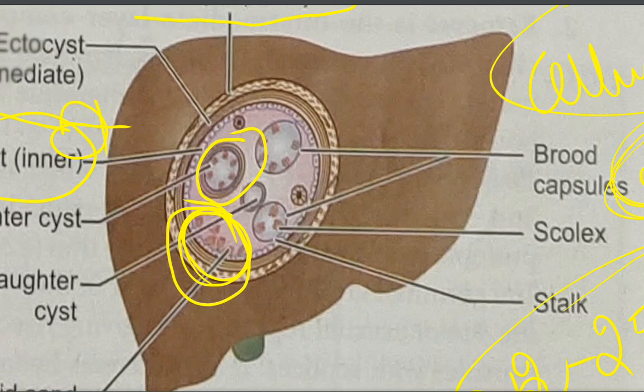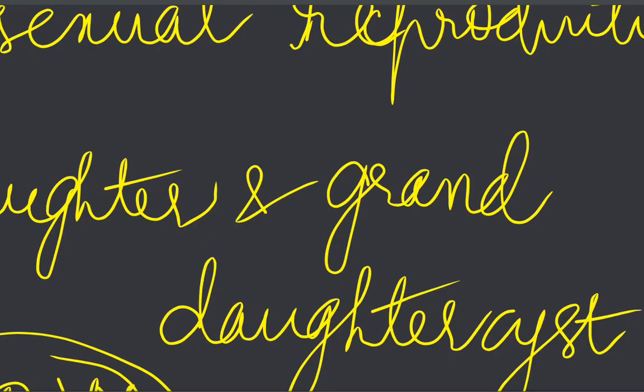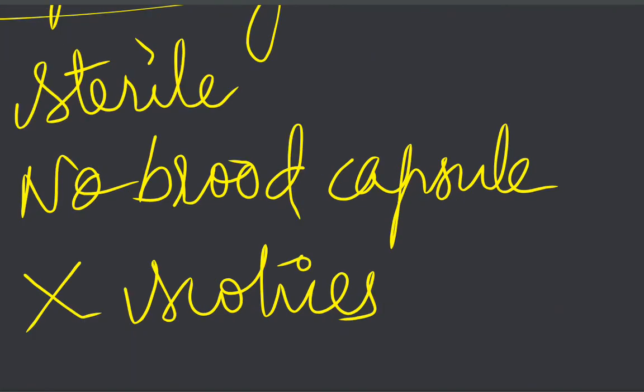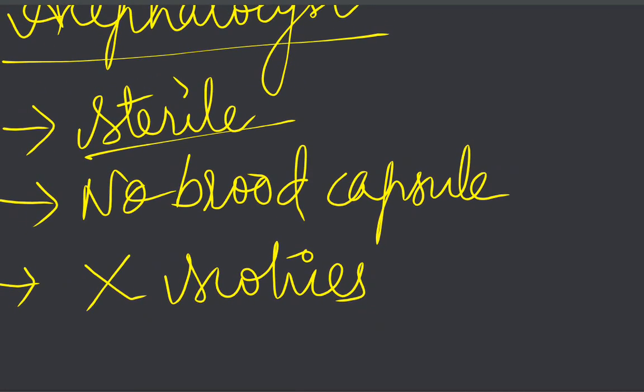What is called an acephalocyst, friends? Have you heard of this term, acephalocyst? Acephalocysts are sterile cysts and they never produce brood capsules.